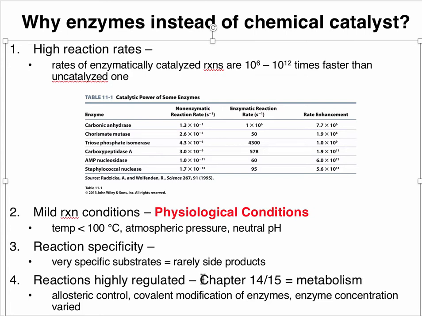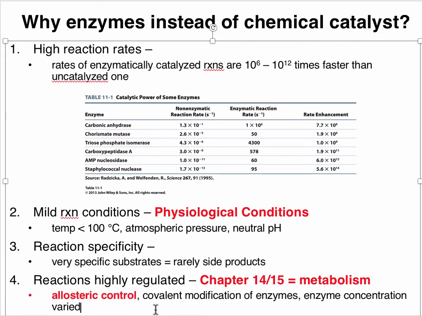But these reactions are extremely highly regulated. And we'll talk about three different ways that enzymes are regulated. One we've just talked about in chapter 5. They undergo allosteric control with heterotropic modulators in order to either increase or decrease the reaction that they catalyze.